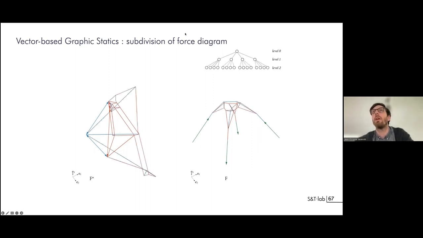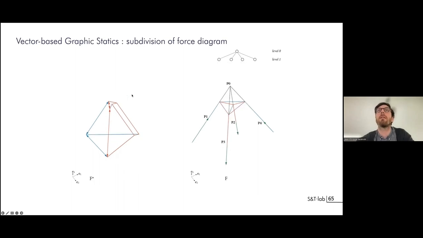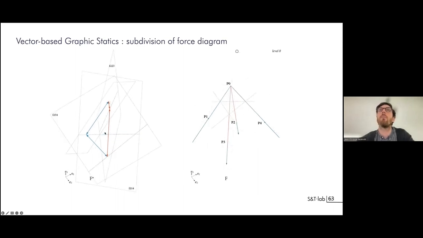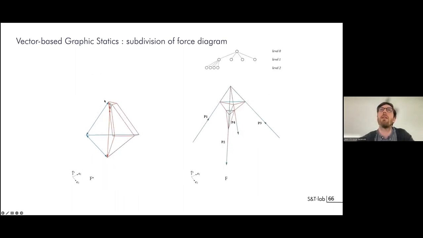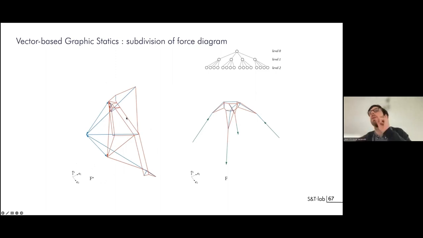And so this is the final result. So you can see that the initial force diagram that was here, you can still read it. It's still there. And you have all these different levels that you can see in the structure. Okay, so this is one of the different properties of 3D vector-based graphic statics that I wanted to highlight today.